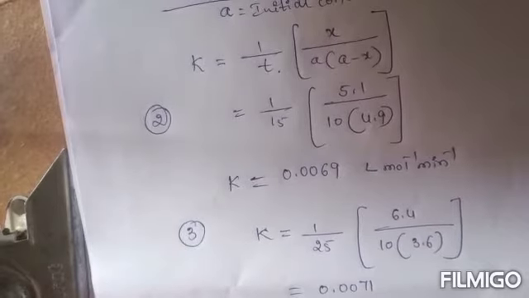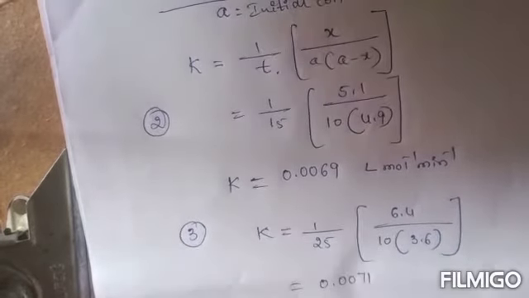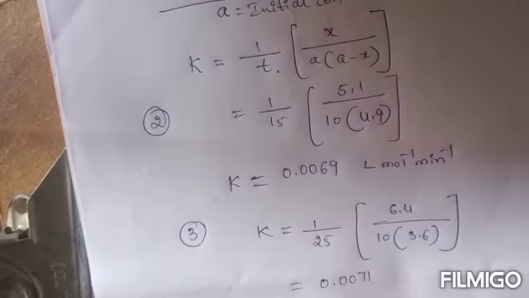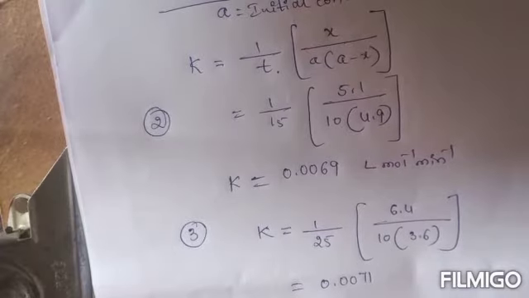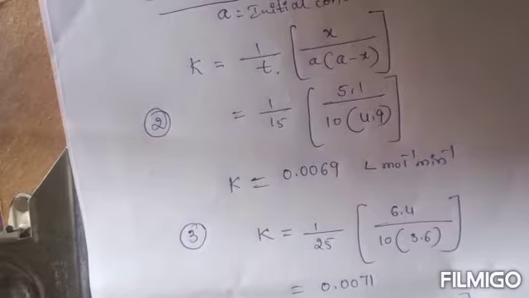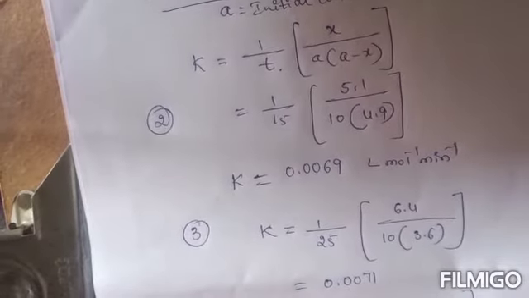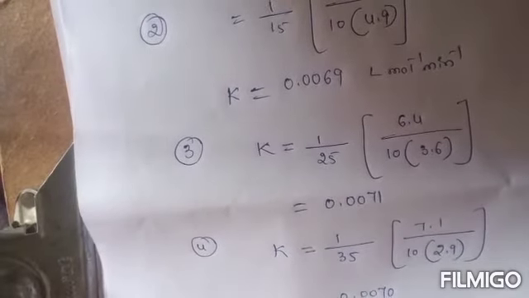And the fourth one, K is equal to 1 divided by 35, that X value is 7.1 divided by A, initial concentration 10, multiplying 2.9, we will get the answer 0.0070.